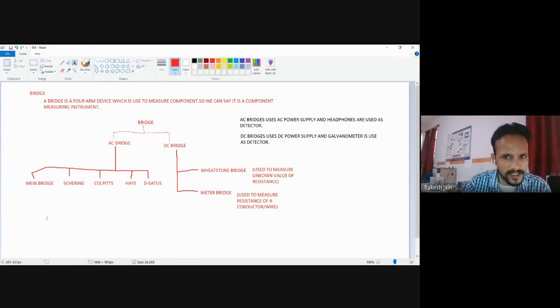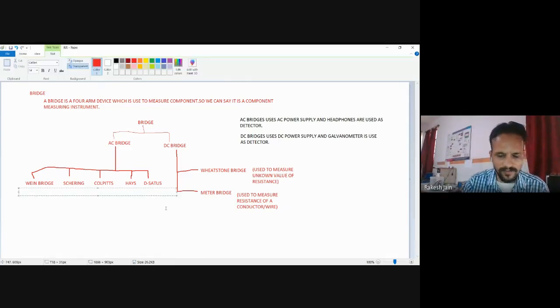Similarly, these AC bridges are used for different functionalities. For example, the Wien bridge is used to measure frequency.